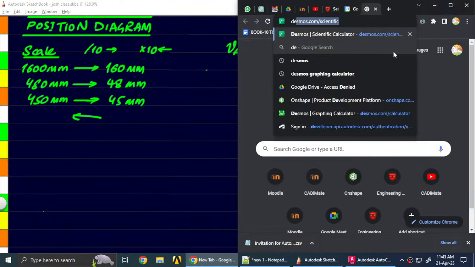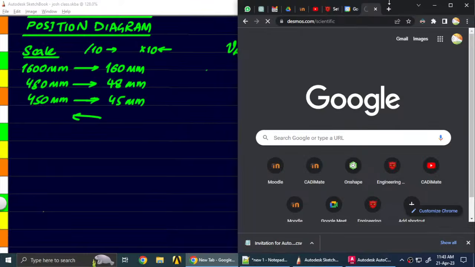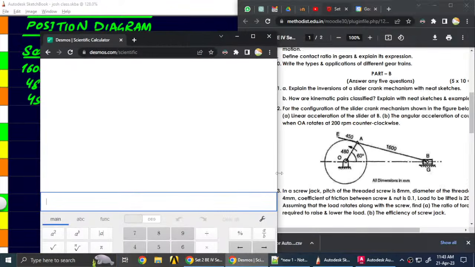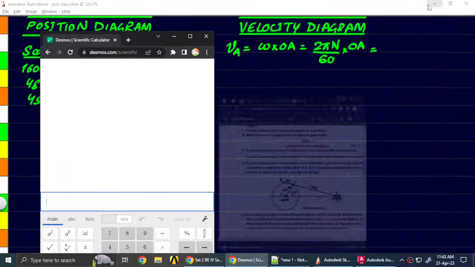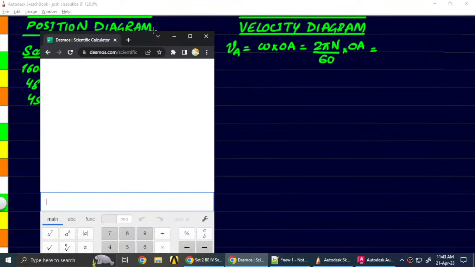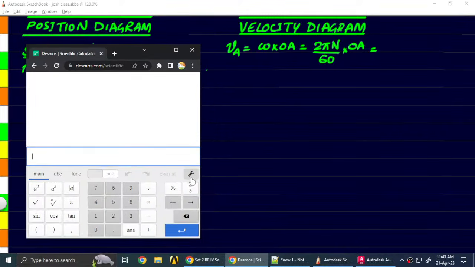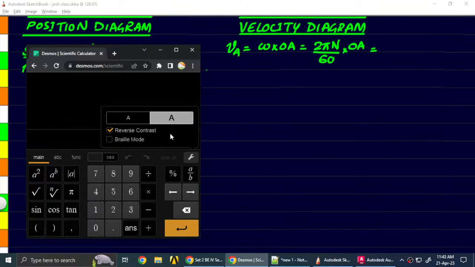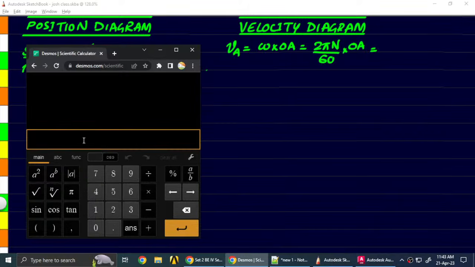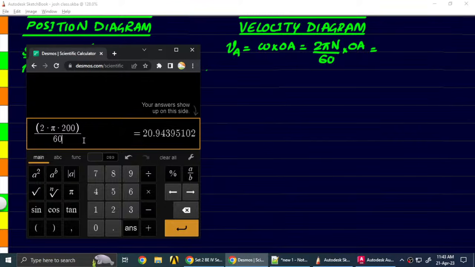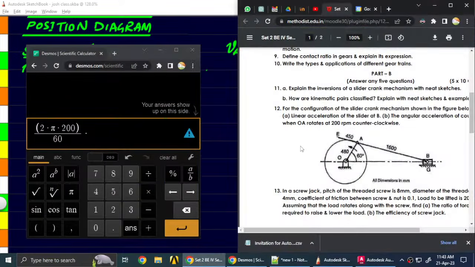I need a calculator. So 2 into pi into N, which has been given as 200, divided by 60. This needs to be multiplied with the length OA.